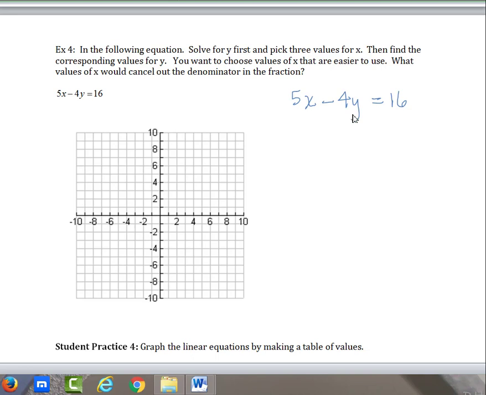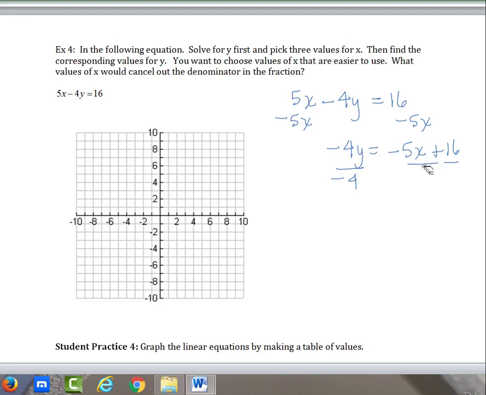So what I'm going to do is solve this equation for y by subtracting 5x from each side. Got -4y equals -5x plus 16. Now here we're going to do this a little bit differently. I have to divide both sides by -4. We're not even going to bother writing this as one fraction.